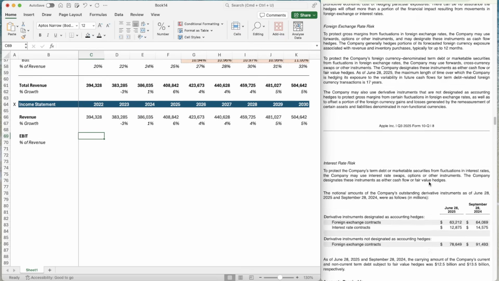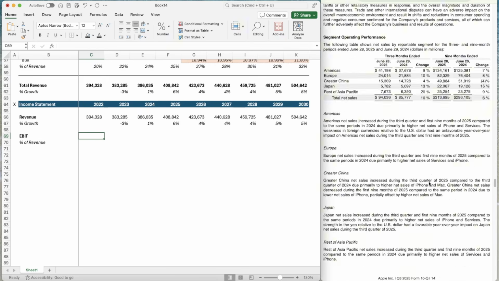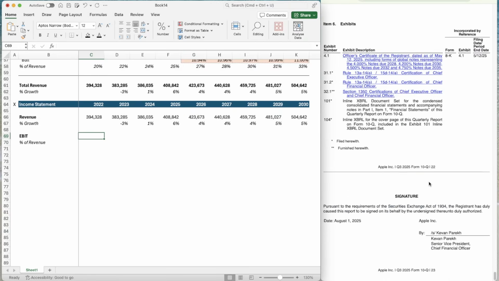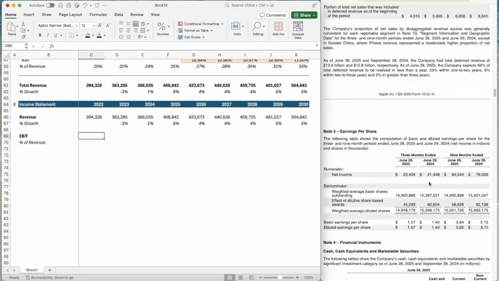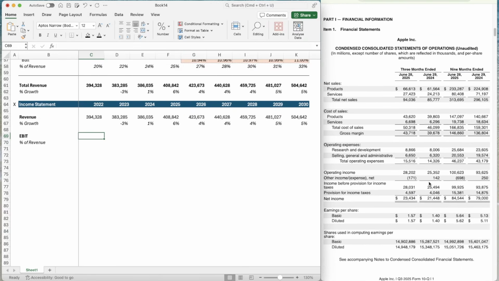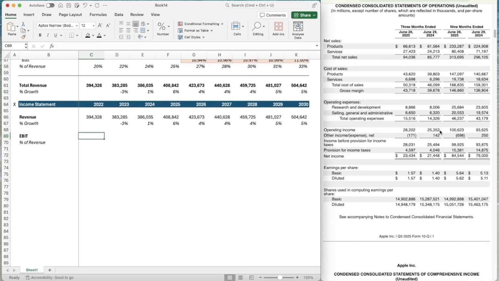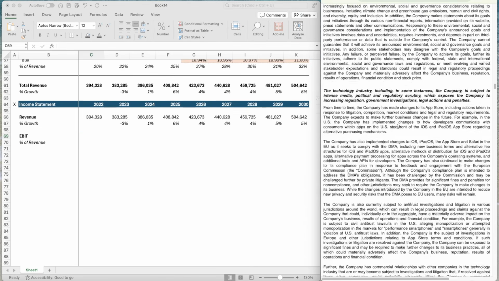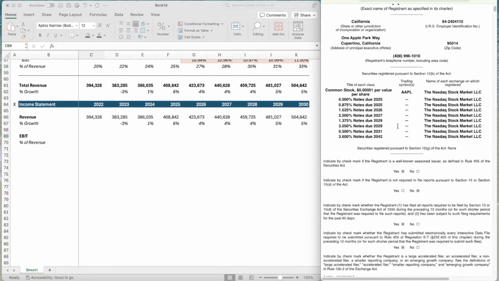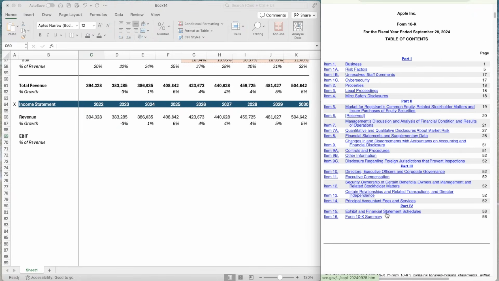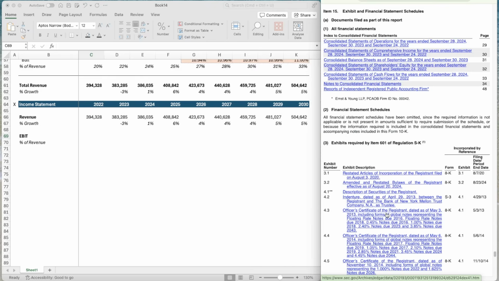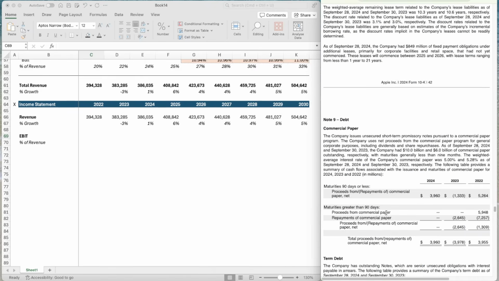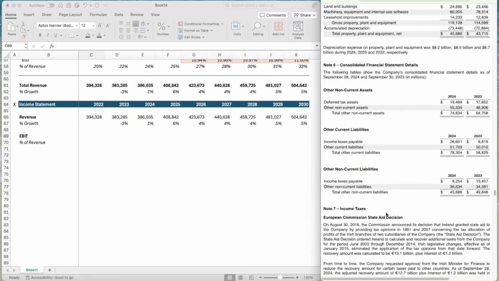Where is it? We need to go down to the income statement now. And these sometimes are either at the very front or they're at the back. They're either at the top or at the end. So operating income, this is what we need.